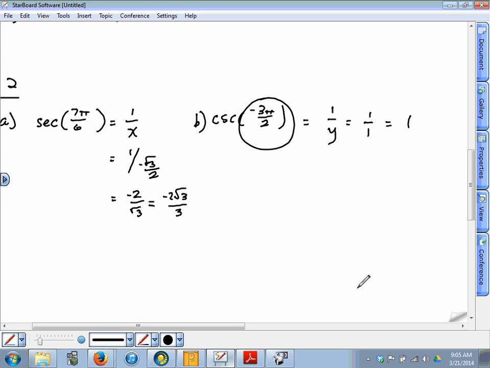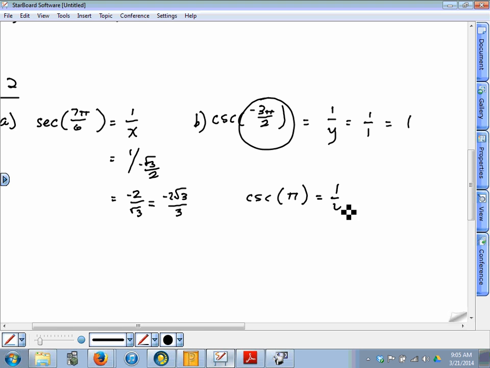If it would have been like 180 and y equals 0, would that just be undefined? What if it had been the cosecant of pi? This is a good question. Is that what you were asking? What's the cosecant of pi?